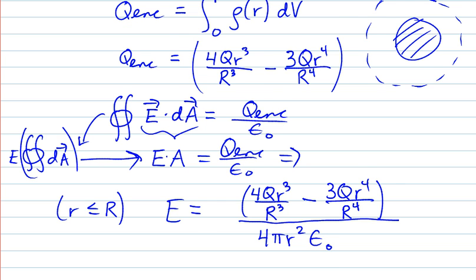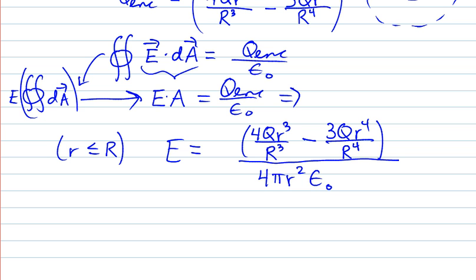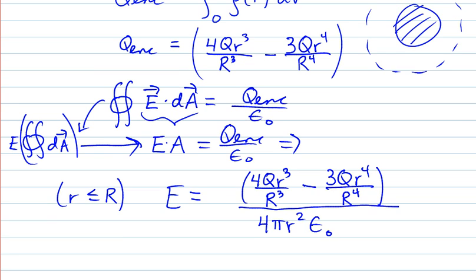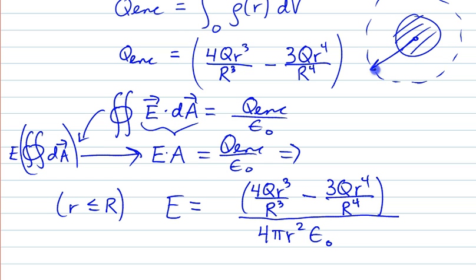And we have to make sure that we use little r for the area of our Gaussian surface because we're talking about this r right here.